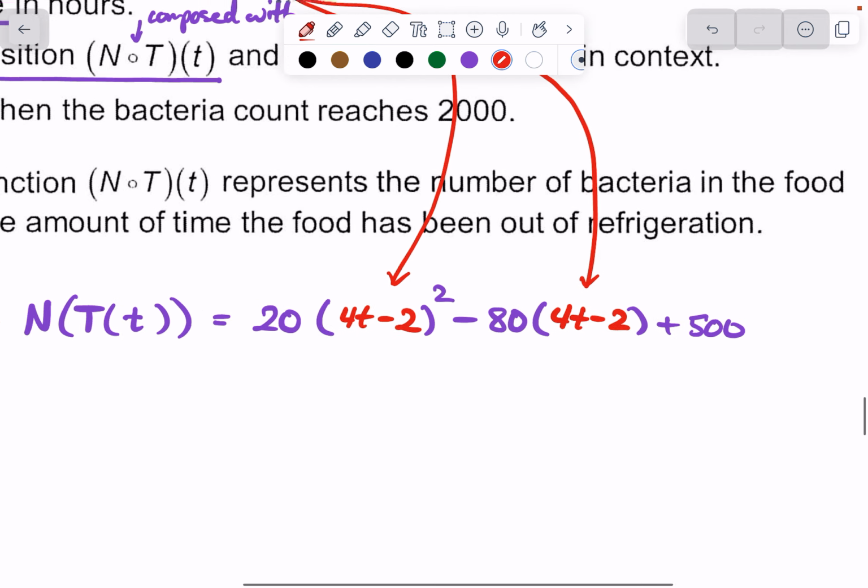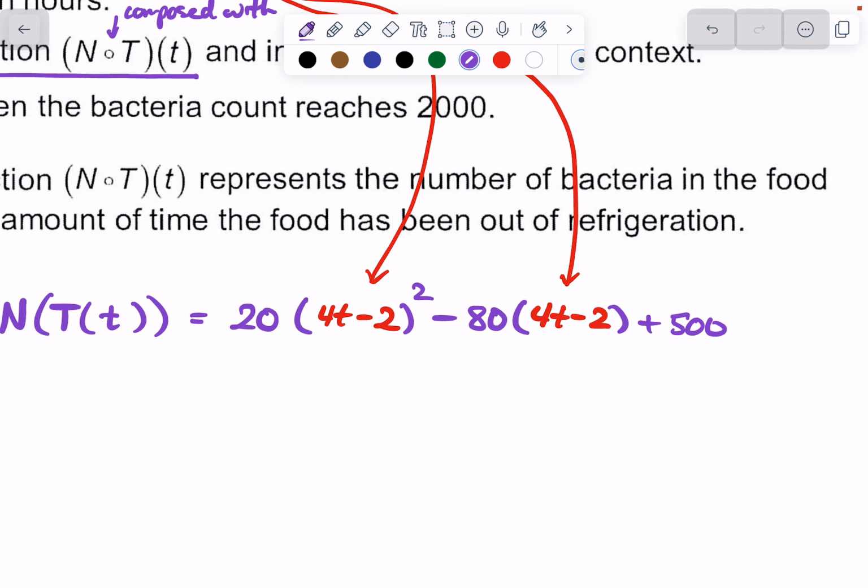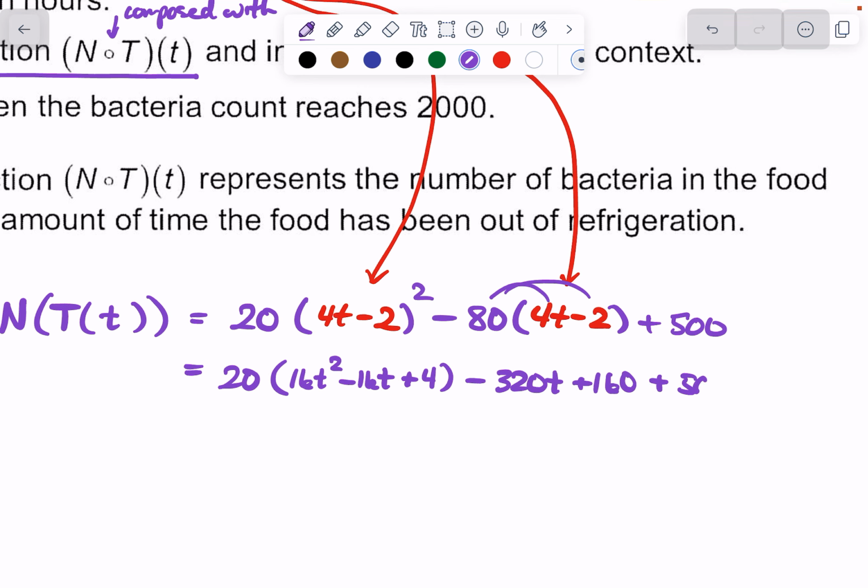Cool. And yeah, we're going to have to do some quick math here. So you can check me on this. Hopefully I don't make any mistakes. See, I get 16t squared. We're going to get minus 16t and then plus 4. All right, let's go ahead and distribute this minus 80 here. So we get minus 320t plus 160 plus 500.